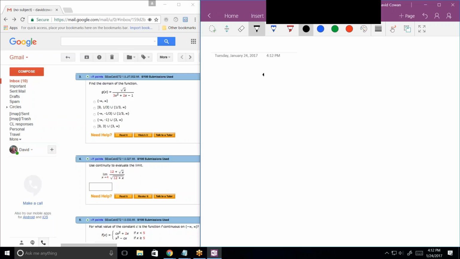Well, if I look at my numerator, what can x not be? Can it be negative? No, it can't be negative. X. Okay. The domain for that is x has to be greater than 0. Okay? Now let's look at the denominator.